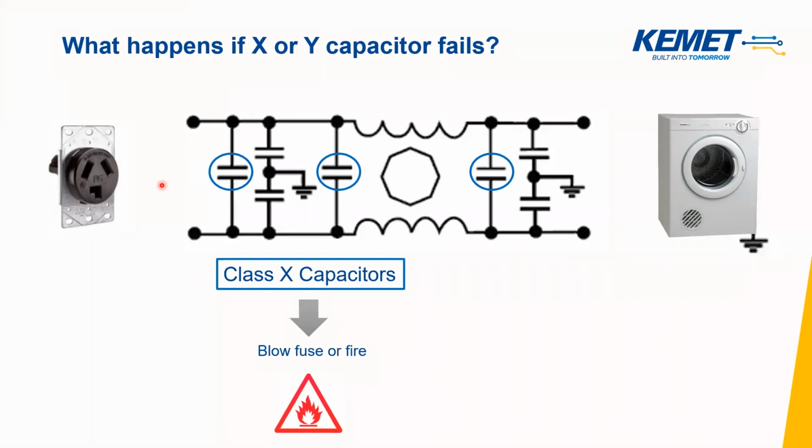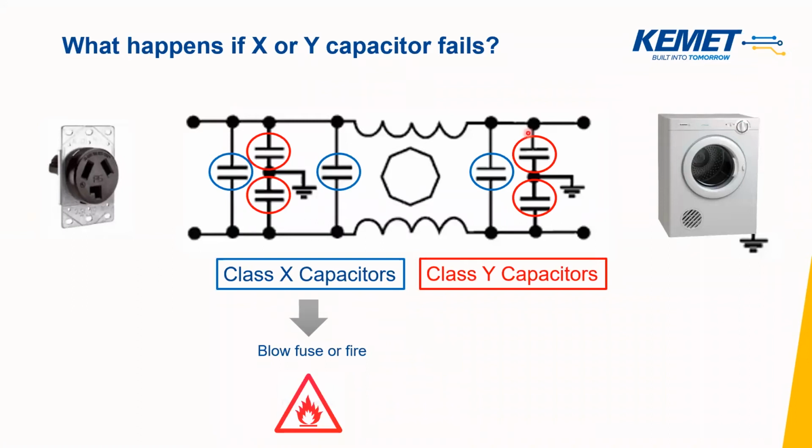Well, in most cases, this leads to a blow of the fuse because you have a fuse connected here typically before an EMI filter module. When there is some transient that goes through, there's this high inrush current which then blows up the fuse. Fire would be one of the extreme cases when there is no fuse protection present. But in the worst case, yes, this could lead to fire because of the high amount of current that would be flowing through these capacitors.